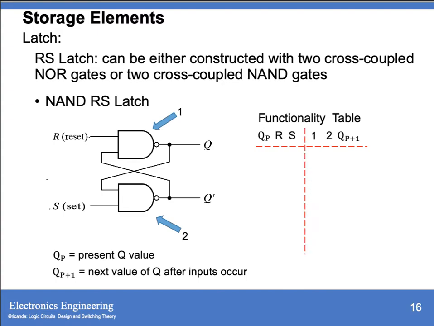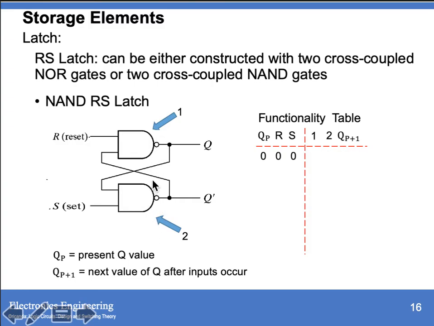If your QP is 0, R is 0, and S is 0, so we have 0 here, and this is 0, then we will have a race condition at your output.